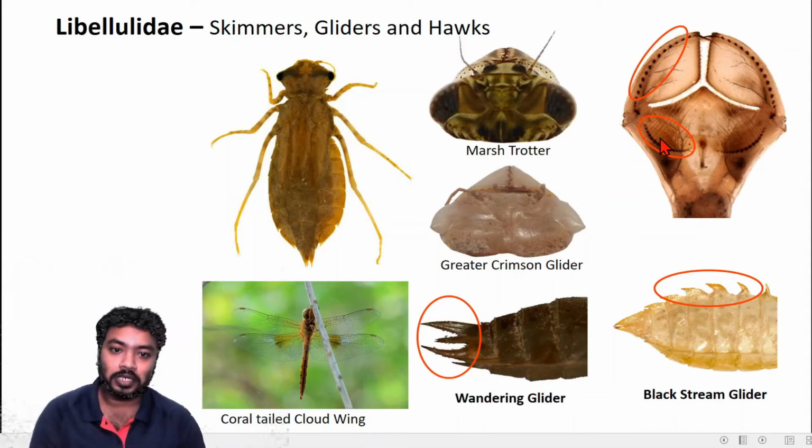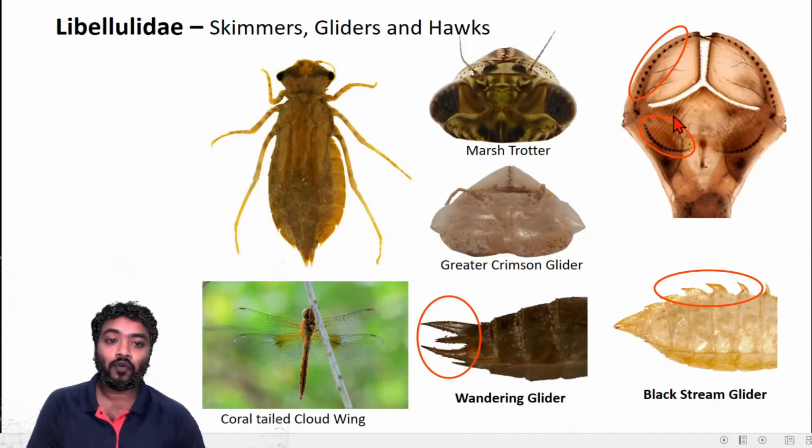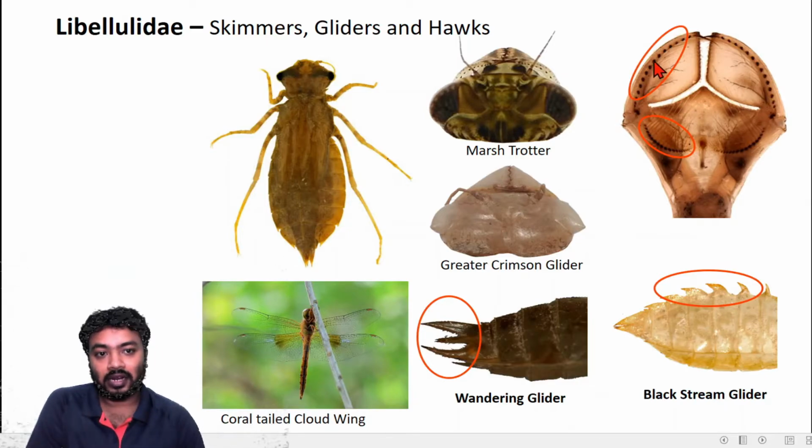But in some species it may be less than 10, 4, 5, sometimes only 2, 3, and here sometimes 4, 5, 6, different numbers are there.